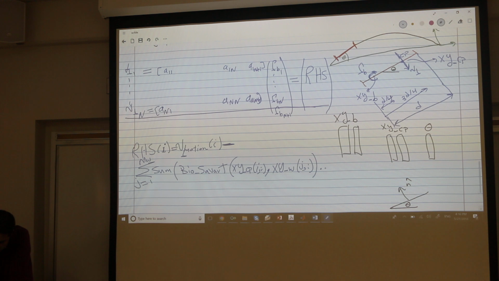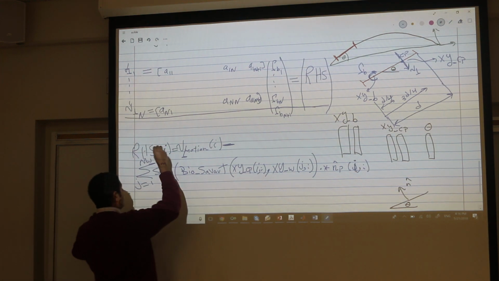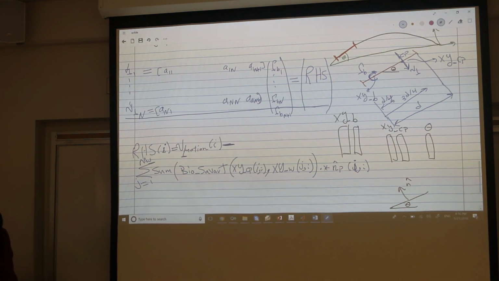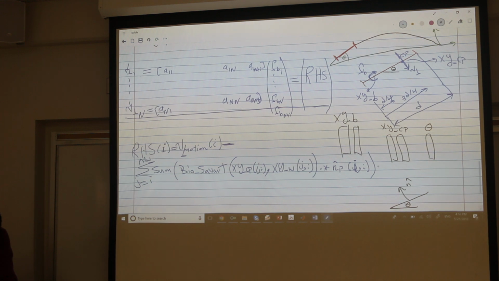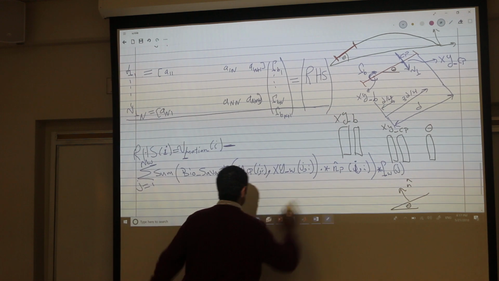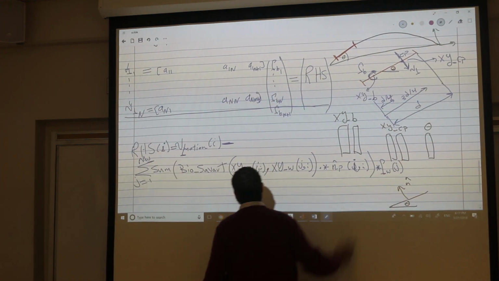It's not the normal, so I need to multiply it by the normal of I, the normal at the point I. Here is the sum. Then I will multiply by gamma wake of J. So the motion minus whatever is coming from the left hand side of the wake, because these are known already.